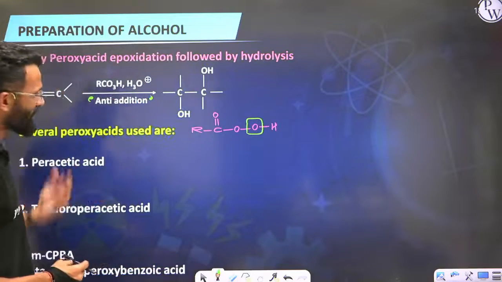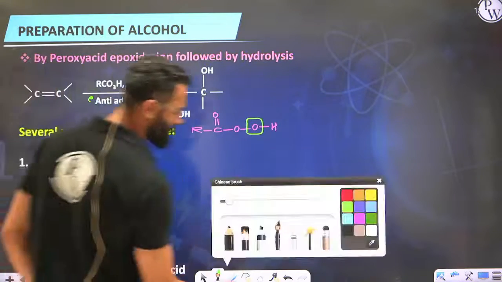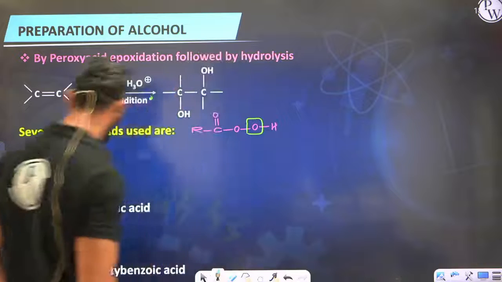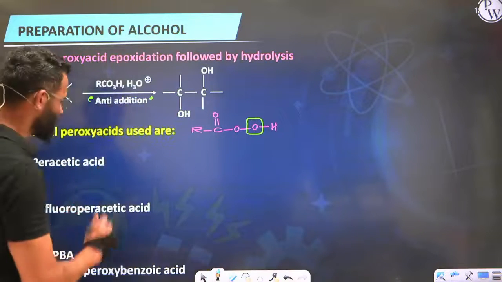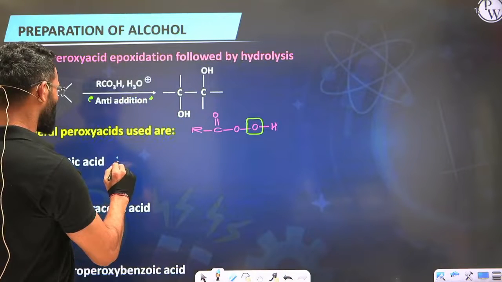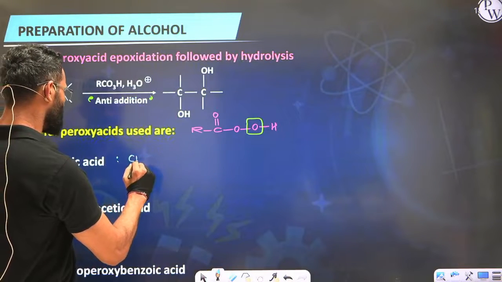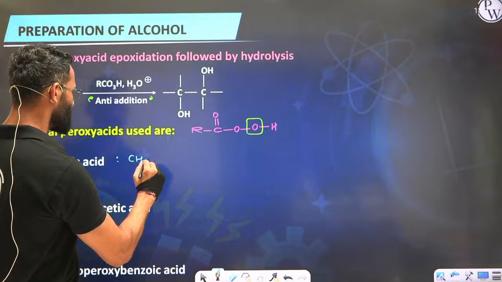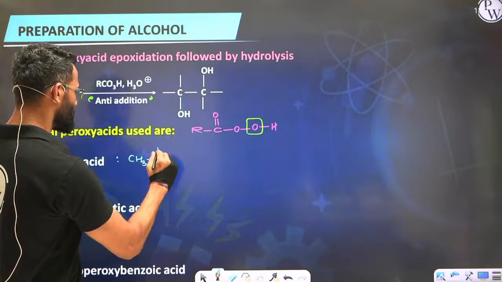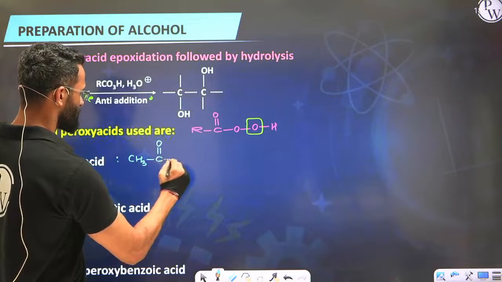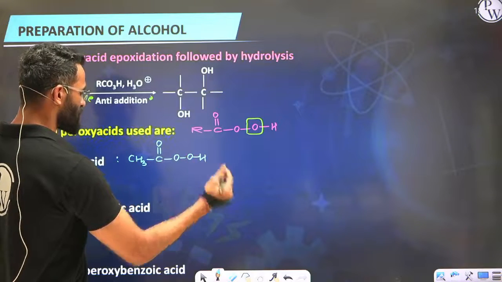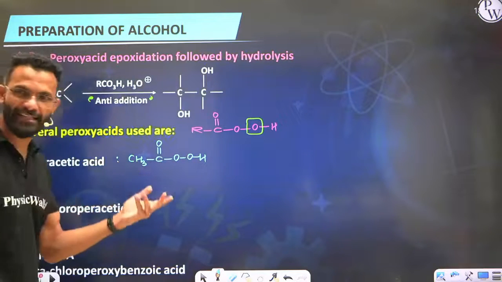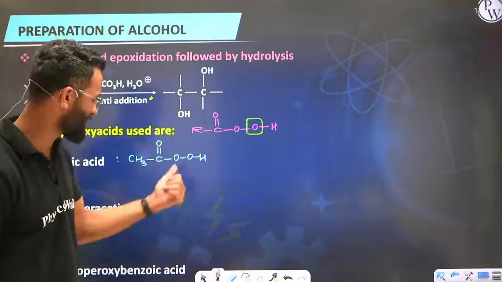Now there are several examples of peroxy acids that we use, so let's get introduced to those examples. First one on your screen is peracetic acid. Well, acetic acid we all are aware is CH3COOH. We added one extra oxygen which makes it peroxyacetic acid, or you can also refer to it as peracetic acid.